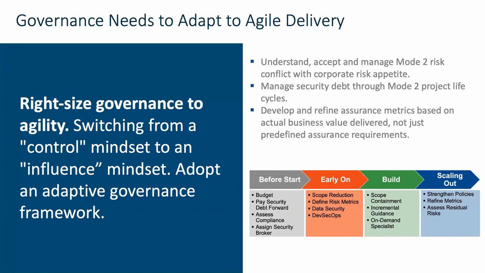ISACA also have some really great stuff around governance techniques and methods, and the use even within the practice of COBIT 2019. There's a lot of practices and methods that can be used to fit within an agile governance world.